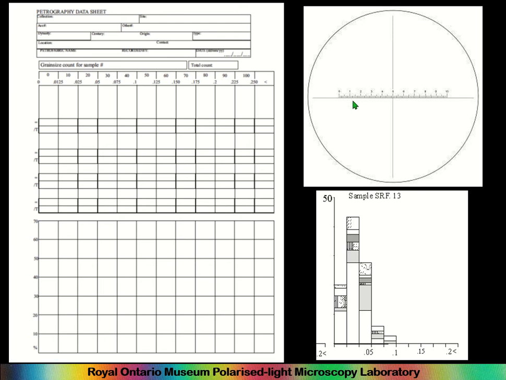Okay, so you need to do that until you have 150 things done here. These lines here, if you want to look at different minerals, then you will want to do different rows. So this might be quartz, this could be feldspar, this could be something else.